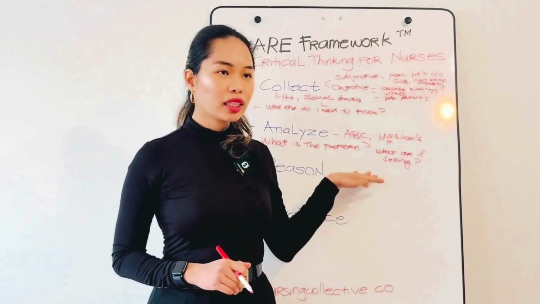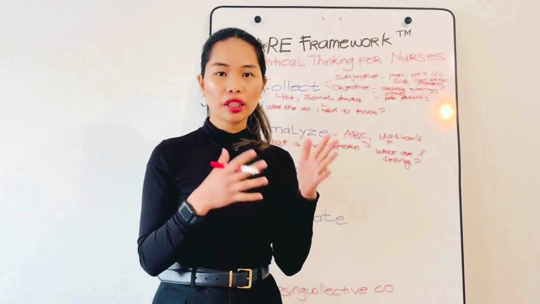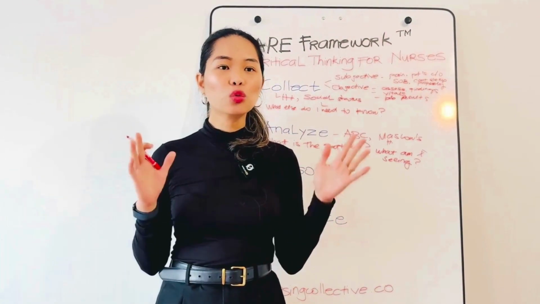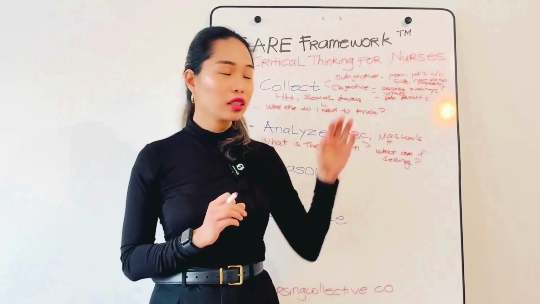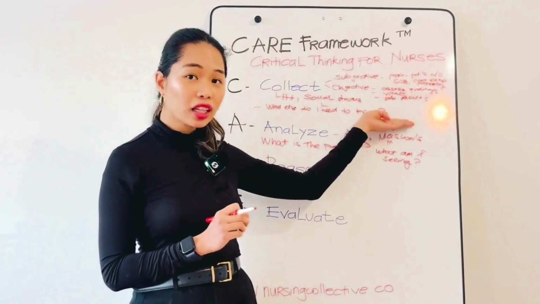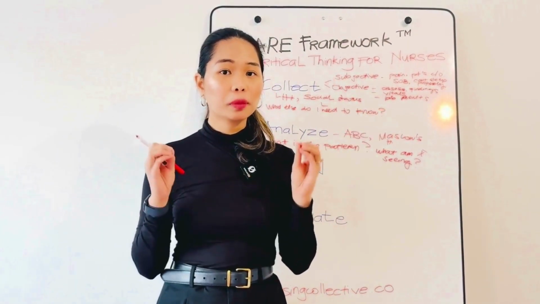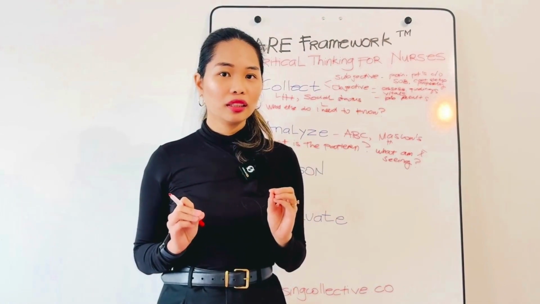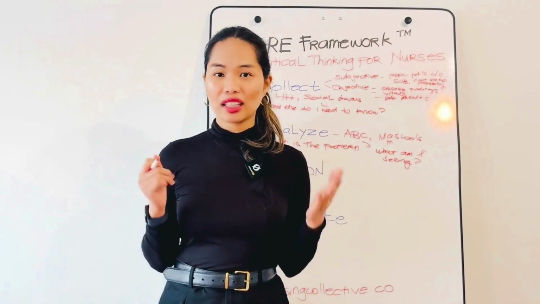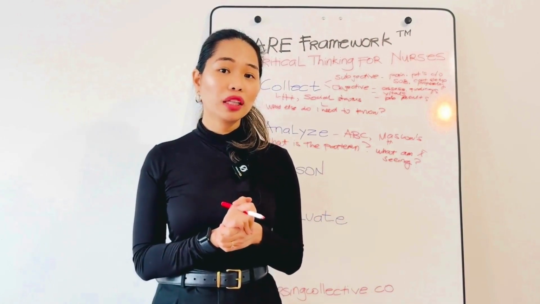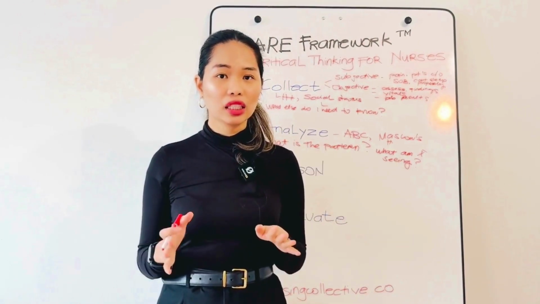During the analyze section, this is when beginner nurses start becoming expert nurses, because this is when you are connecting the dots. Based on the information you have gathered, you are figuring out what the priority is here. And this is how you can start thinking like a Canadian nurse. And this is how you will also be evaluated during your CBA and SLA.